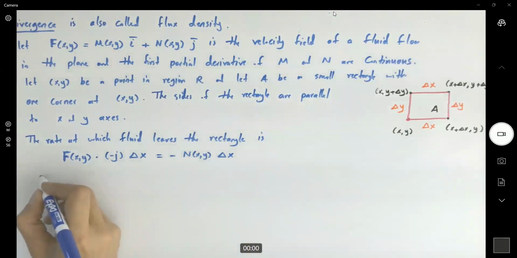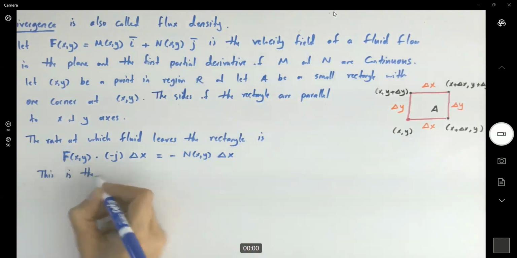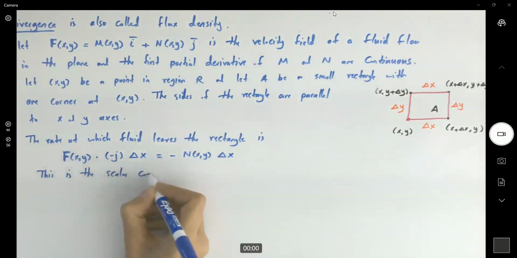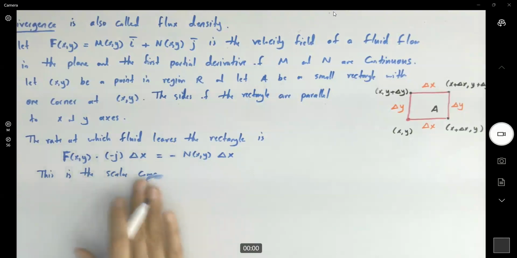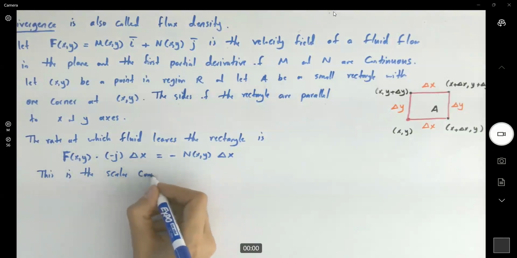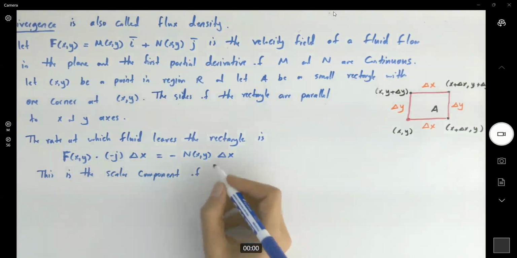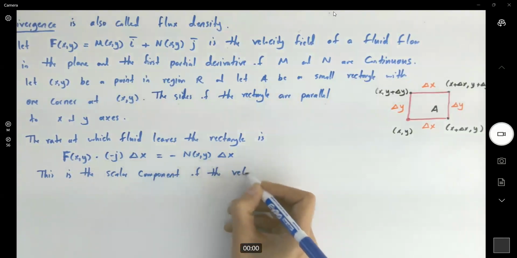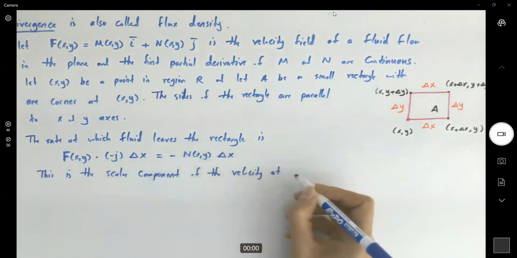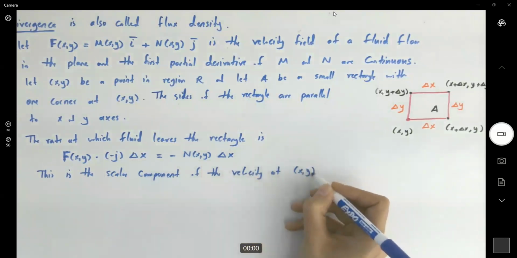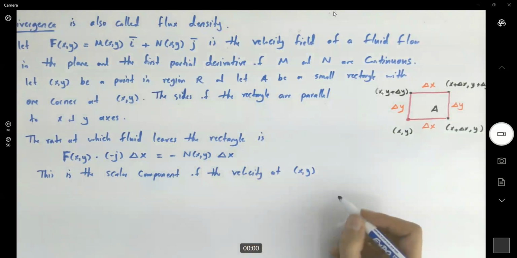This is the scalar component of the velocity at x and y in the direction of the outward normal times the length of the segment.